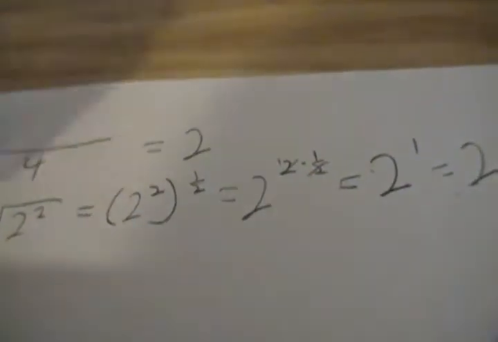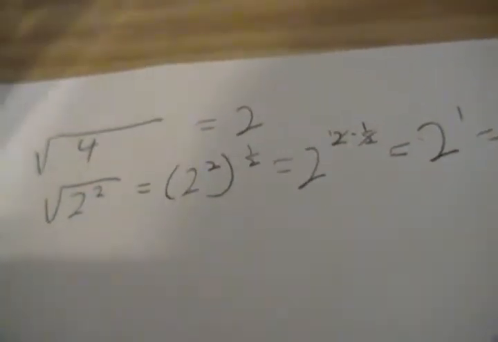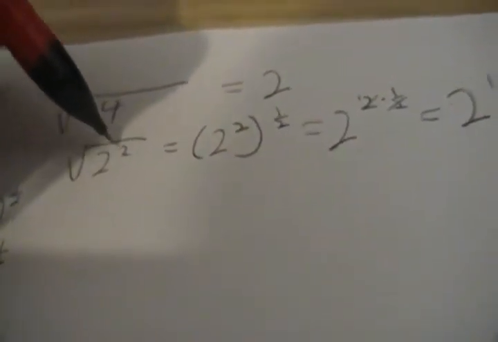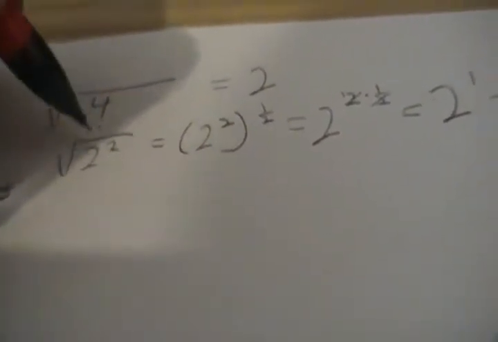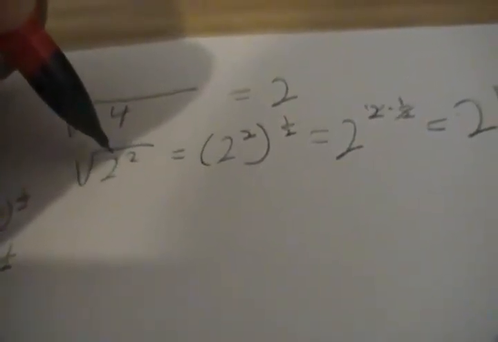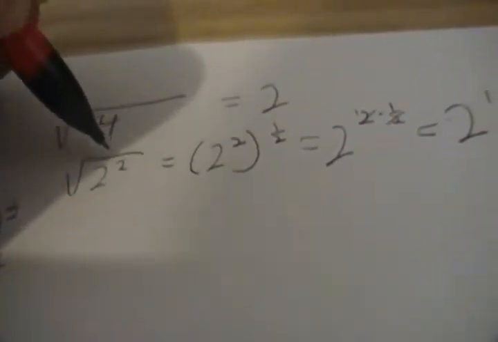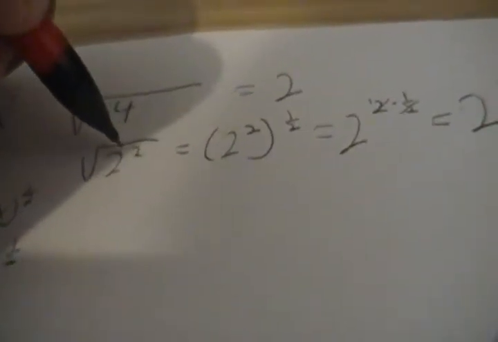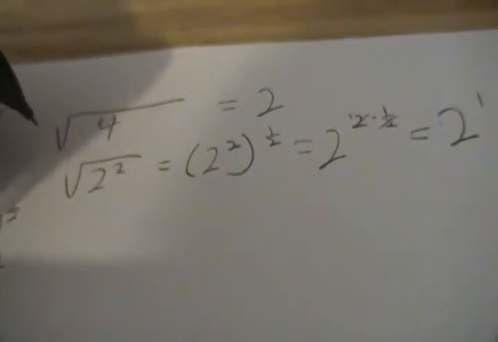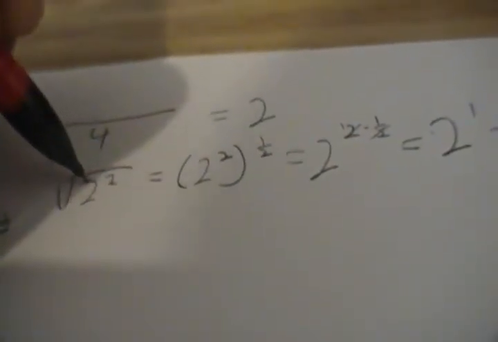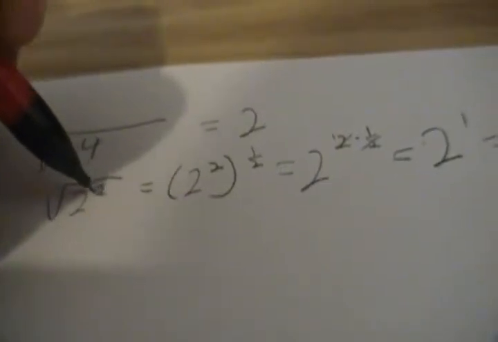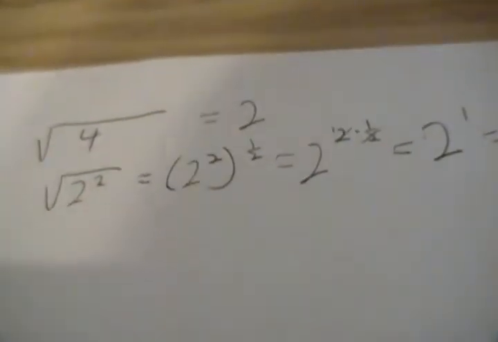Or another thing you can do, if this is kind of complicated, is factorize the inside part, and then whatever you get for the powers, you just divide everything by 2. So for 2 squared, if you divide this power, 2 divided by 2, you get 1, and then you get the answer.